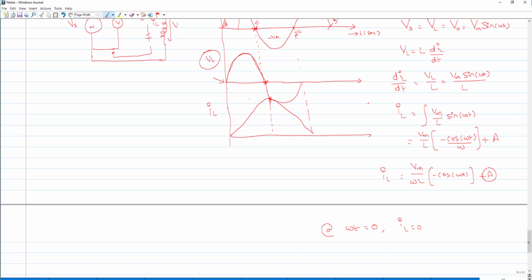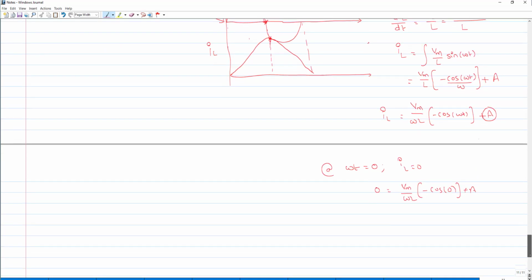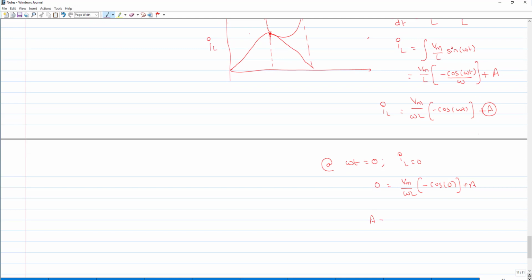So IL is equal to 0, Vm by omega L times minus cos of 0, plus A. Cos 0 is 1. So if I take this to this side, A is equal to Vm by omega L. Say this is equation number 2 and this is equation number 1.